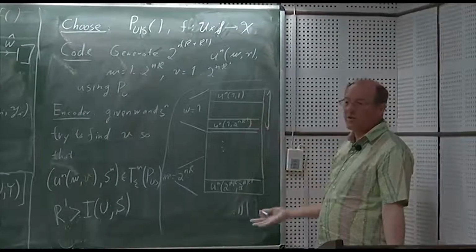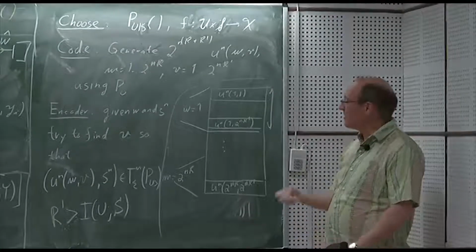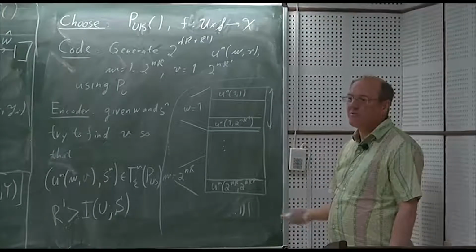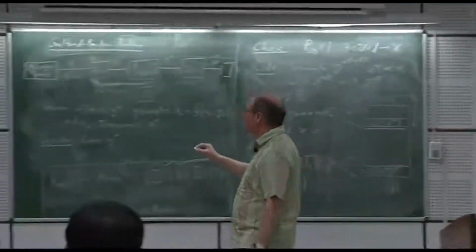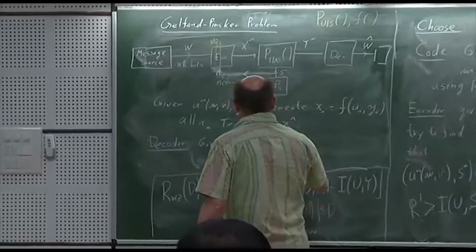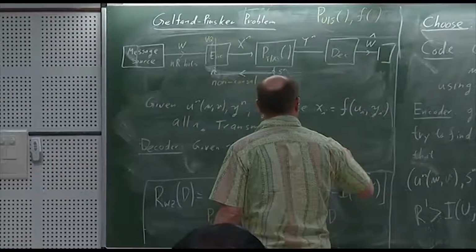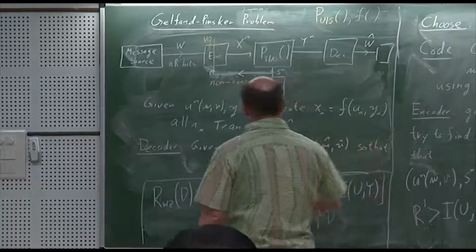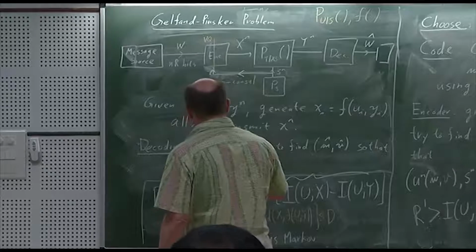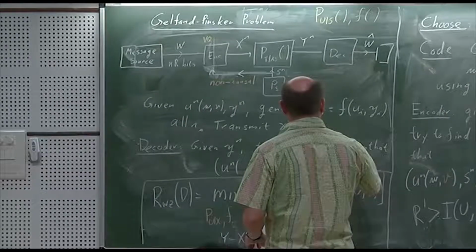Maybe there's a way of decoding W without decoding V. It turns out you can look at maximum likelihood decoders that do that, but you'll find that the rates are the same as if you decoded both, so we'll just decode both. All right, so try to find a pair, W hat, V hat, so that U^n, let me do it colored, that's what we're looking for.